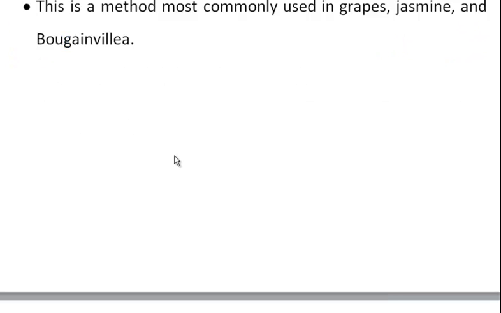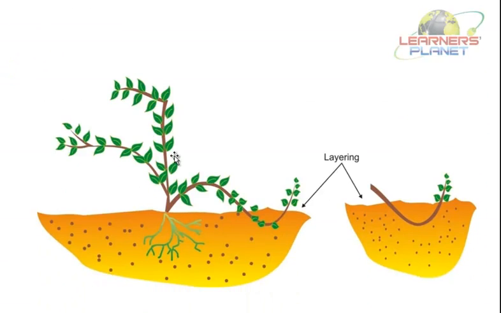So in this type of method, you can see there is one such beautiful picture which is well understood by this given picture, this layering method. Now what happens in this process, layering actually is a type of stem cutting only. But the difference between the two is that in normal stem cutting, the stems are cut away from the mother plant and then they are forced to root.